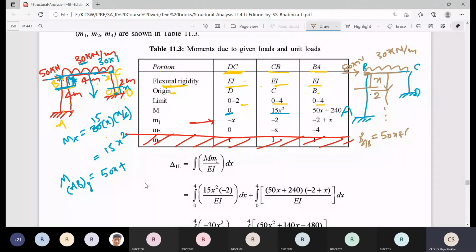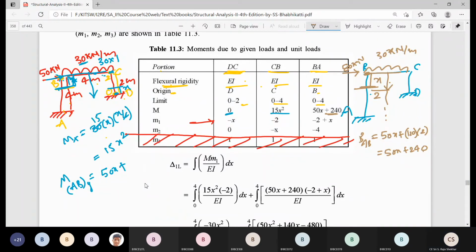So the total load, 30 into 4, that is 120, multiplied by 2, 240. That is 50 into X plus 240, the bending moment acting in the member AB at a section X from the origin B.